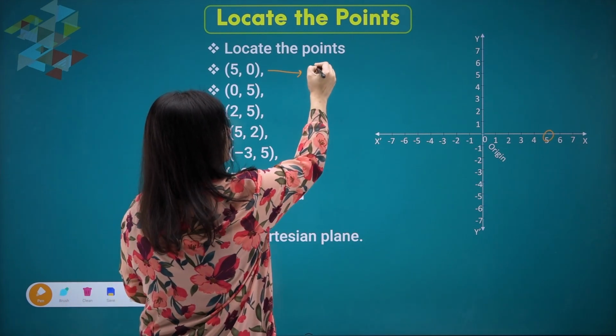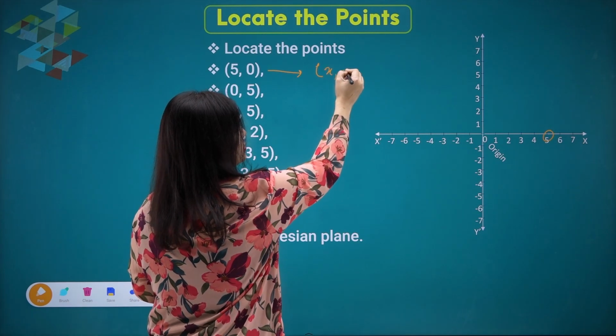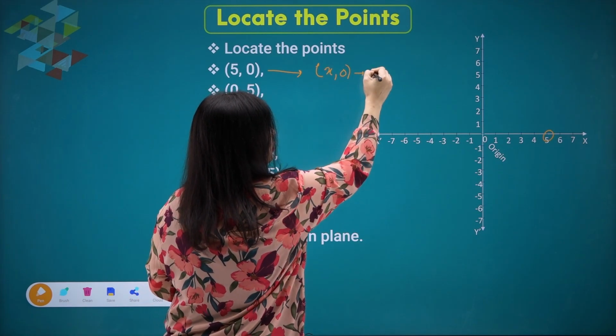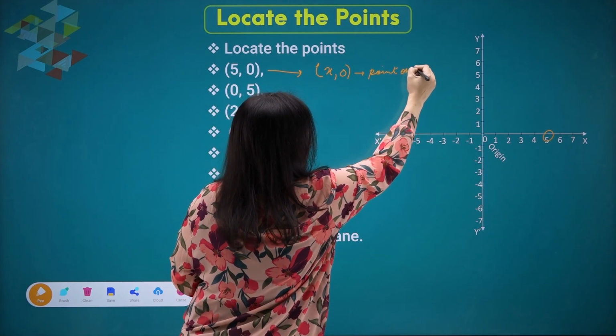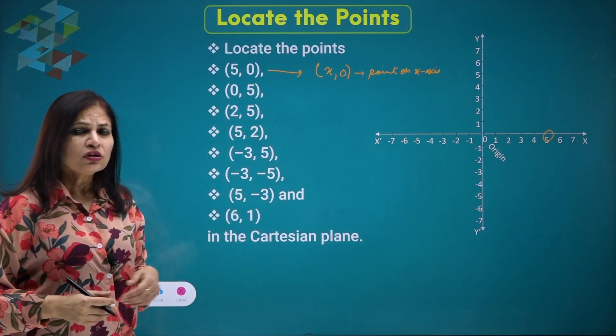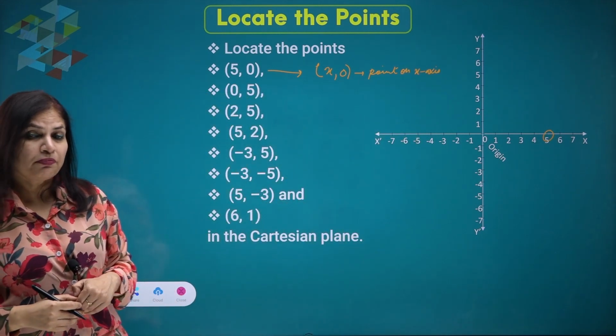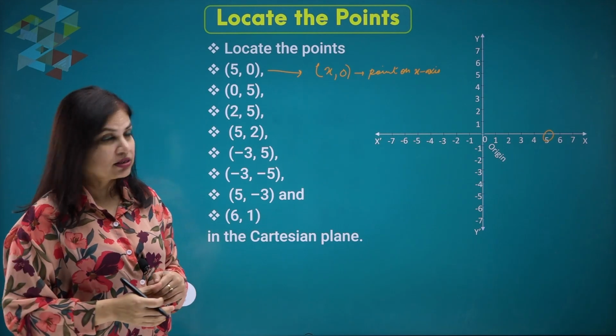So a point of the form x, 0 is a point on the x-axis. So we cannot say that it is lying in the plane or in a quadrant. It is lying on the axis.